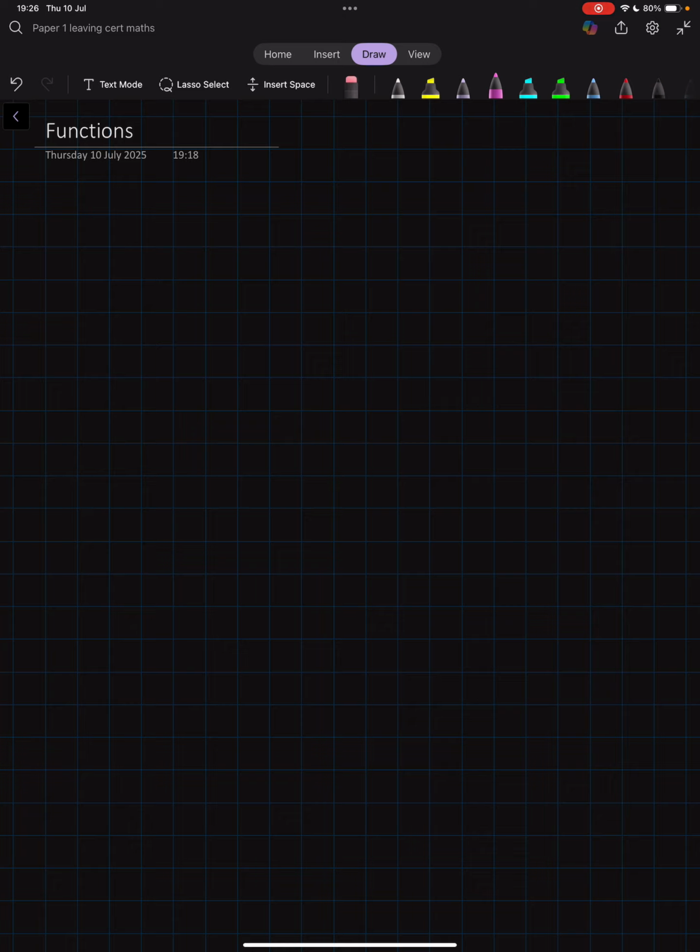A function is just something that takes in a certain number called an input. So an input goes into the function, and then what comes out of it is called an output.